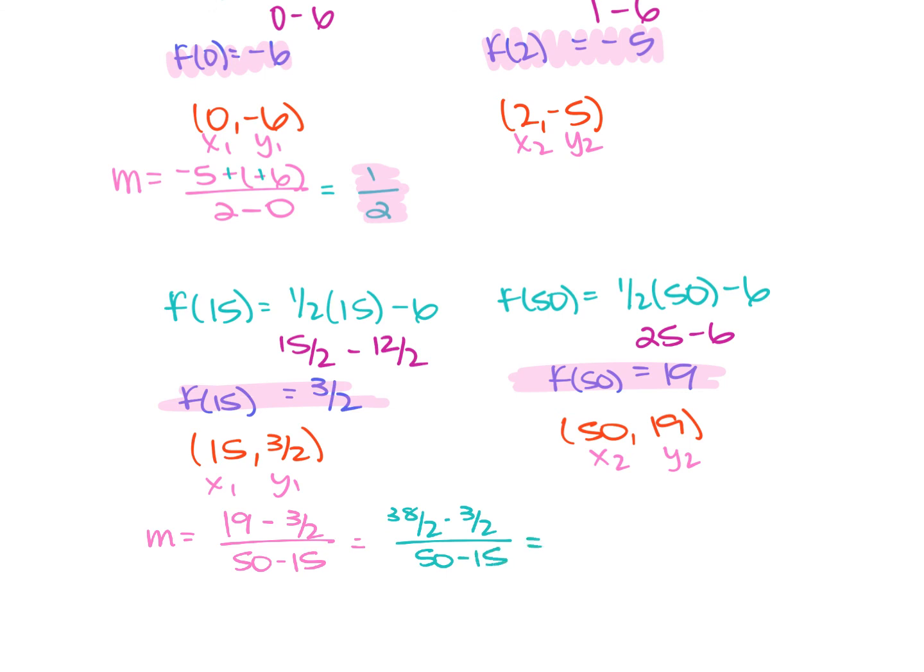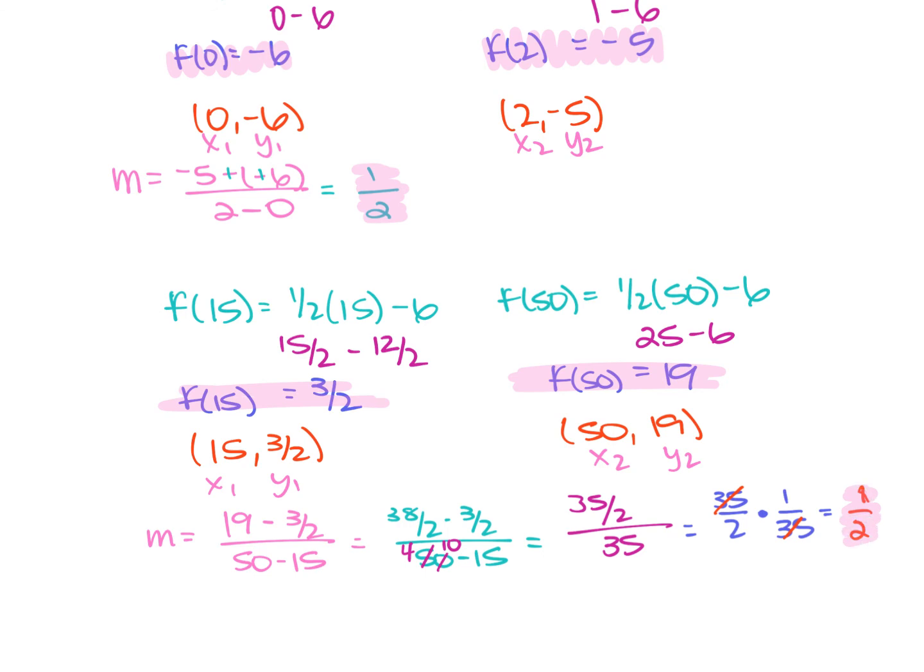From here, the 38 minus 3 gives us 35 over 2, over 50 minus 15. The 0 becomes a 10, making the 5 a 4. So that's 35. You have a fraction within a fraction. This is the same thing as keep, change, flip. Your 35s cancel out, so it's just 1 over 2.